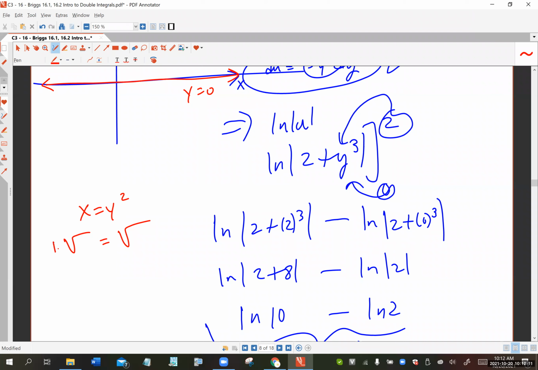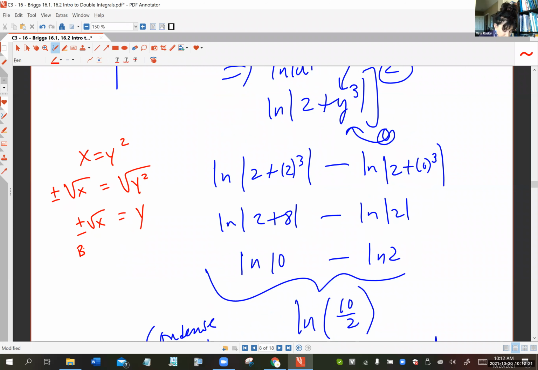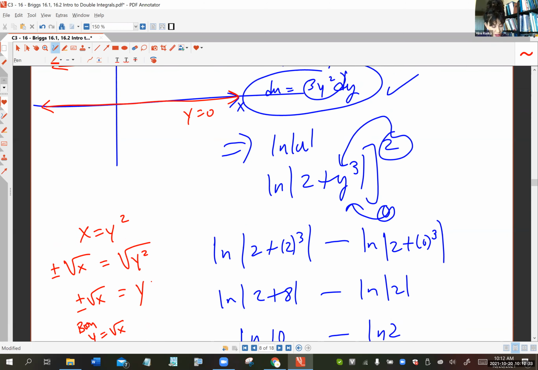Yeah. So you're going to go like that. And then you get y is equal to plus or minus square root of x. So you're going to have to graph both. You're going to have to graph y equals square root of x and y equals negative square root of x. Let's do that now. And this you can use your graphing calculator for because they are functions of x.